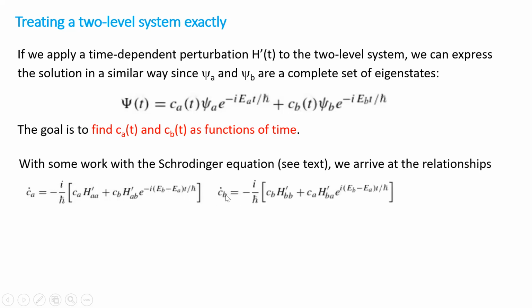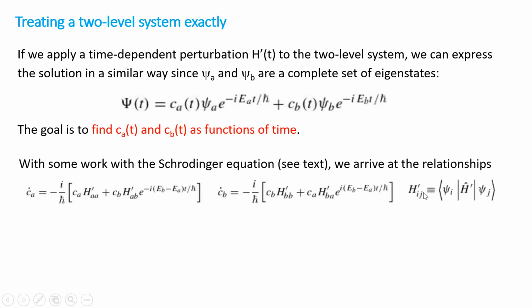Similar equation for CB. The time derivative of CB is minus i over h bar, CB as a function of time times HBB plus CA HBA e to the i (EB minus EA) t over h bar. So these equations are symmetric between B and A, as you might expect, since we could exchange B and A here and we'd have the same form of the wave function. So what are these H prime?